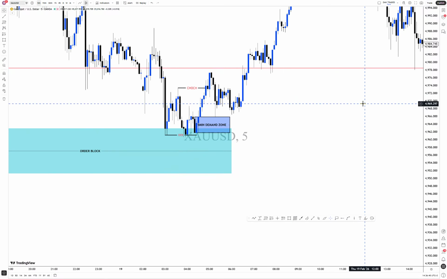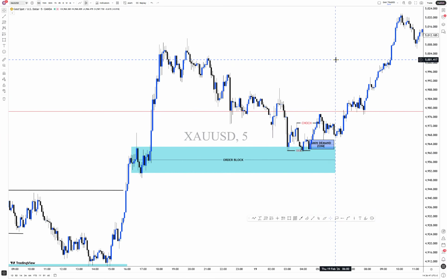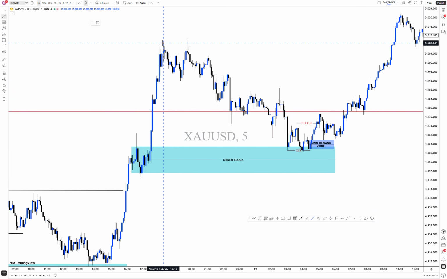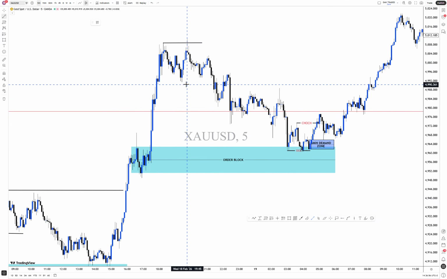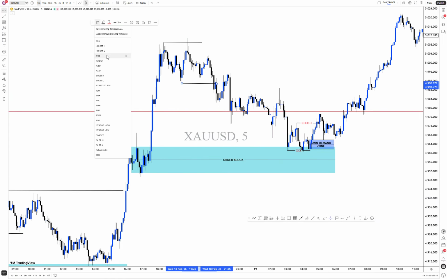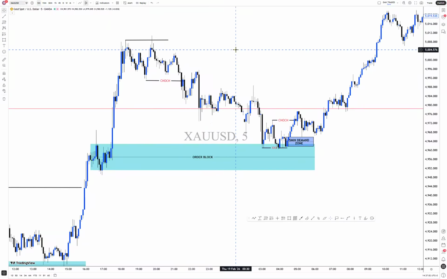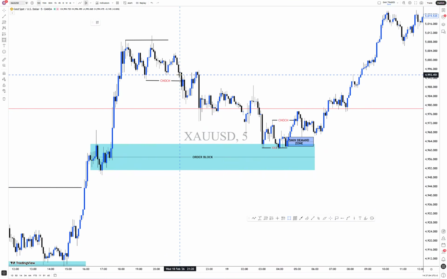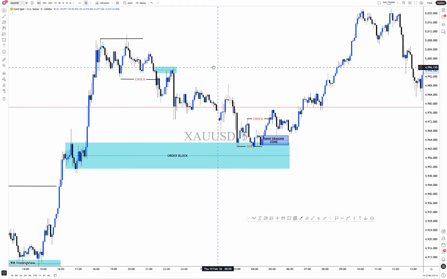If you look keenly around this area, we swept that high, that's a sweep of liquidity, and then we had this change of character around that area, and then we have this area here where market reacted.